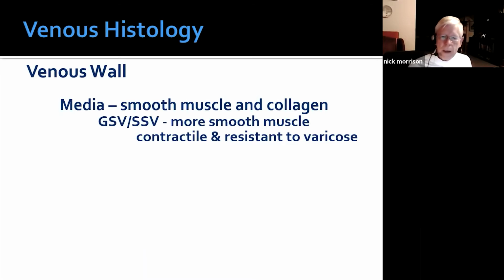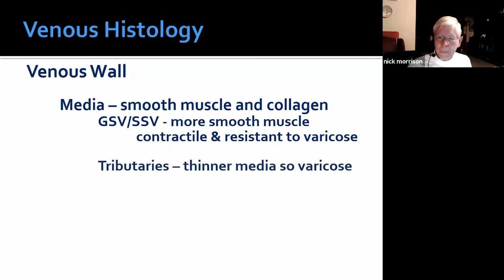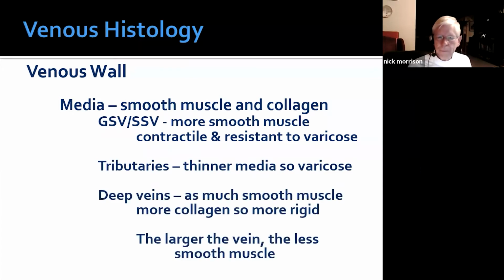If you think it's a great saphenous vein that is very tortuous, that may well not be the great saphenous vein. The tributaries have thinner media, so they can become varicose. And the deep veins have as much smooth muscle, but more collagen, so they're more rigid. And the larger the vein, the less smooth muscle there is.